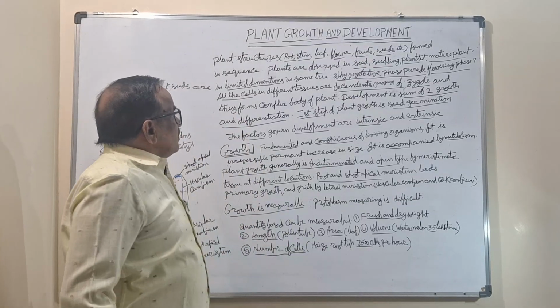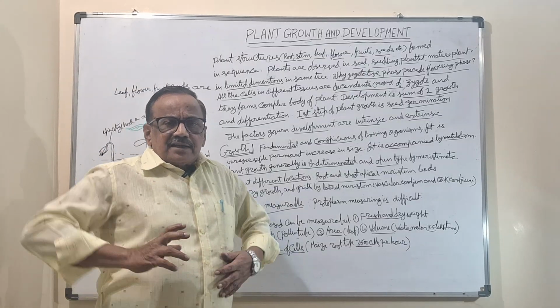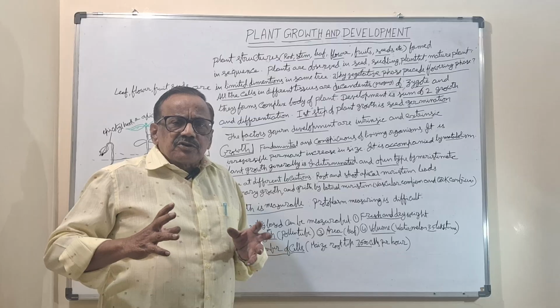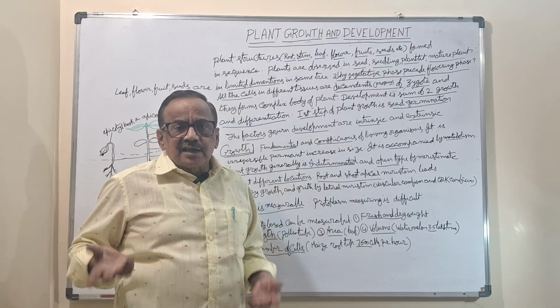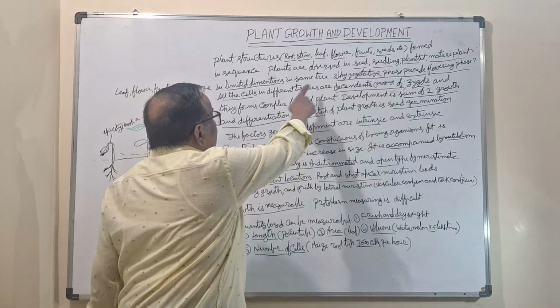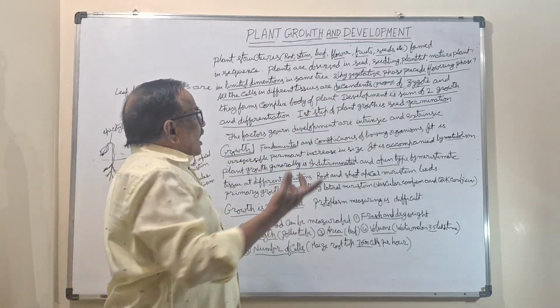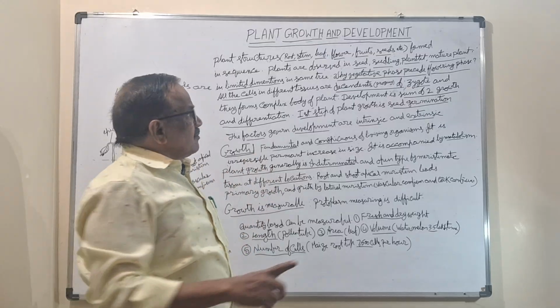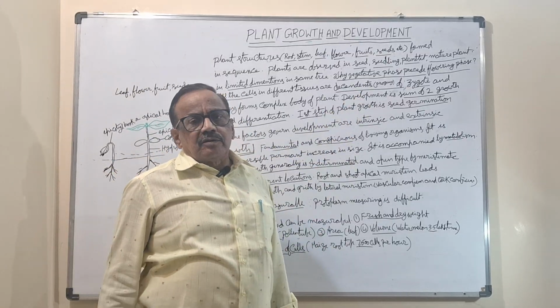Next, whenever you observe plants of the same species, they appear in different phases. What are they? Different stages we can see. First the seed germinates, and a seedling forms, and next will be the plantlet and the mature plant.